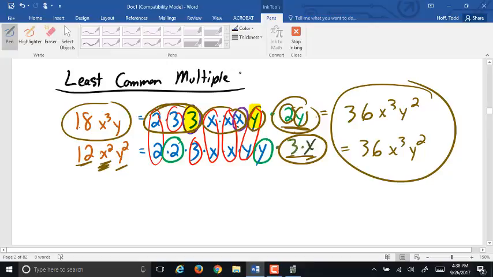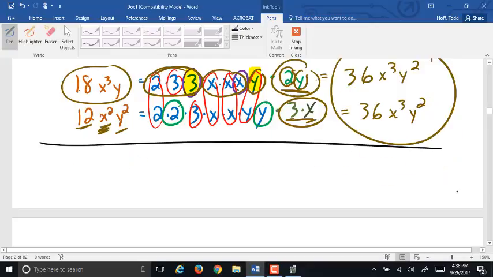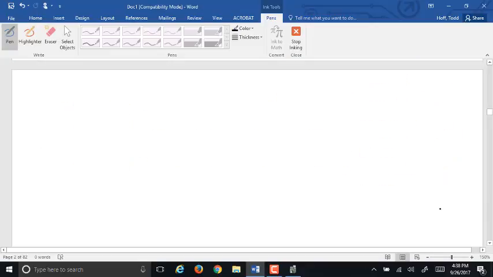I'm seeing some wide eyes out there, so let's go back and do a couple with just numbers in them, without the variables, to remind us of the process. So let's find the least common multiple of 42 and 28. One of the ways we could do this is make lists.